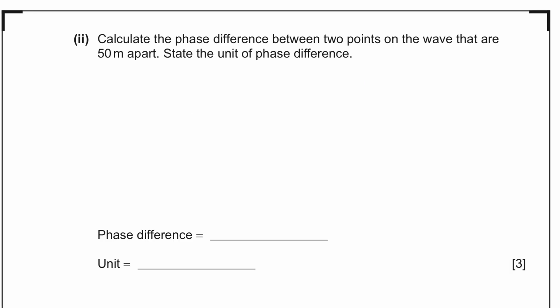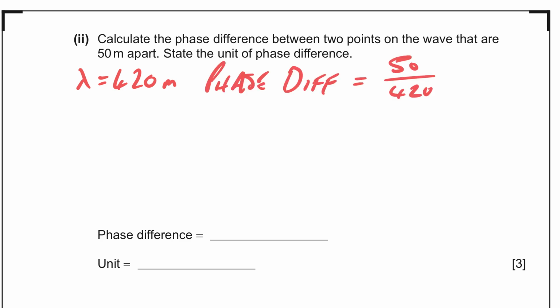Part 2, calculate the phase difference between 2 points on the wave that are 50 meters apart. State the unit of phase difference. So we have a lambda wavelength here of 420 meters, and we've got 2 points 50 meters apart. So we want to find that path difference, 50 meters, as a fraction of the 420.